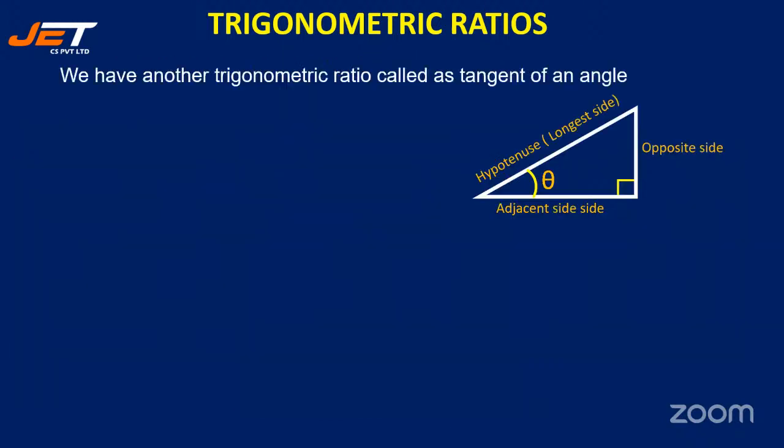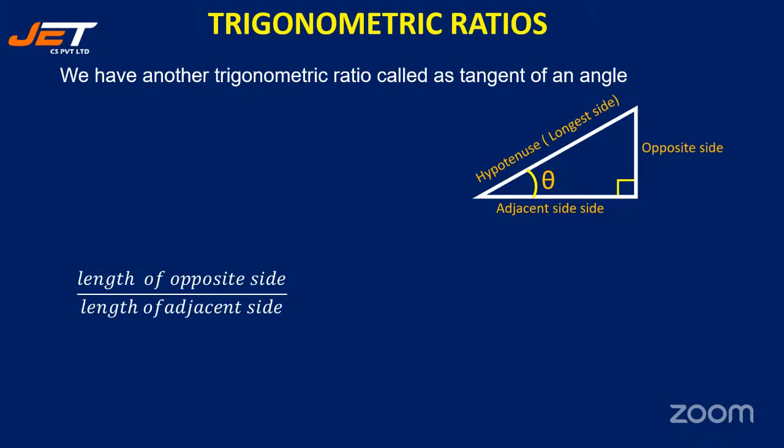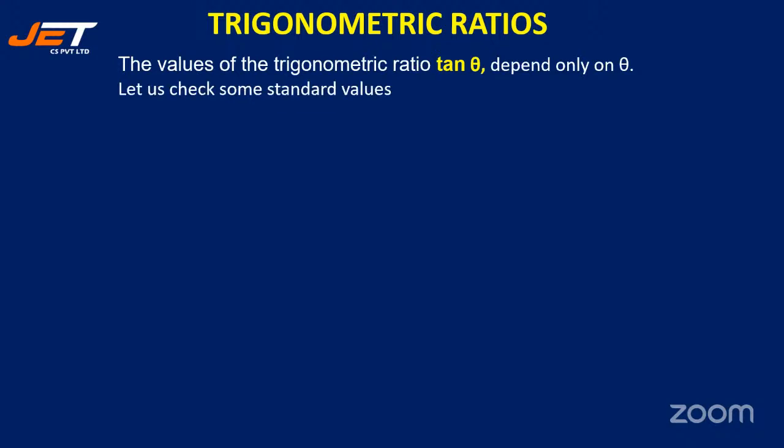Clear? Now we have another trigonometric ratio called the tangent, or tan theta, of an angle, which is opposite side by adjacent side. So let us see the trigonometric values of tan theta. It depends only on theta. So let us check some standard values.